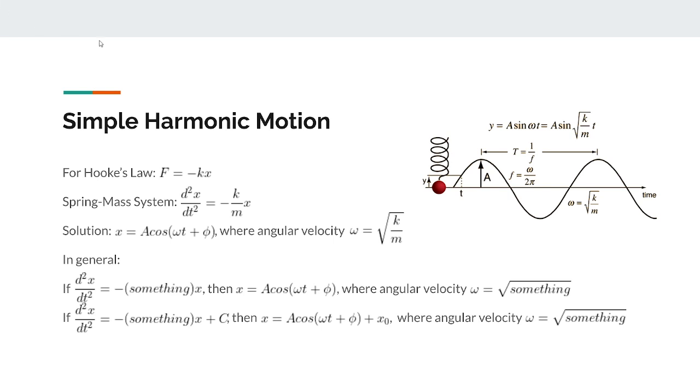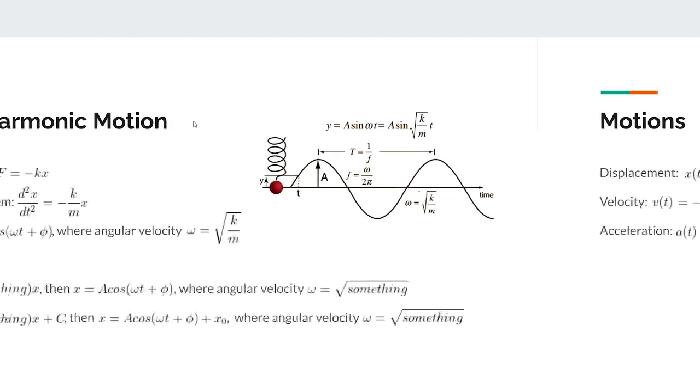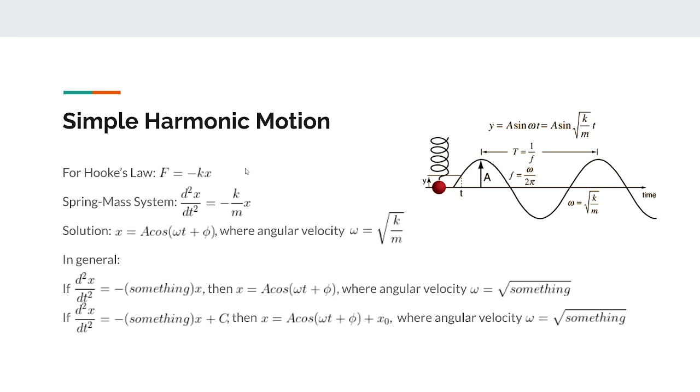And so this is proved by using Hooke's law, with F equals negative kx, and given for a spring mass system, we know that d squared x over dt squared, so basically the second derivative of our position with respect to time, is going to give us negative kx over m. And so the solution to this is going to be this equation, where our angular velocity is going to be equal to the square root of k over m.